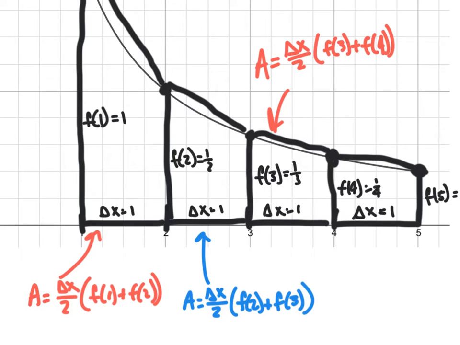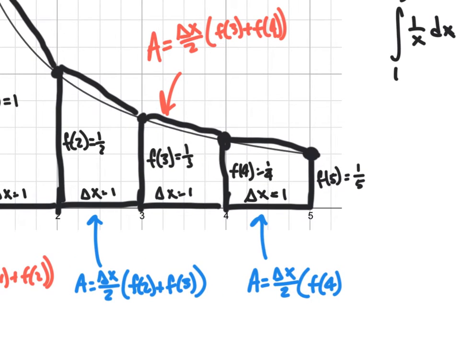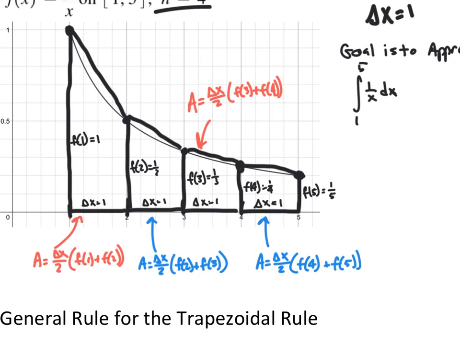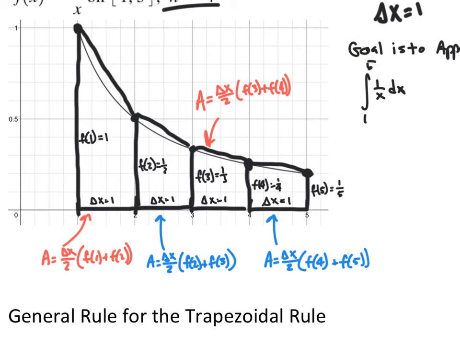And the last one that I've got, the area for this, is delta x over 2 times f of 4 plus f of 5. The reason I wrote all those out is that I want to show you I have all of those separate before I started adding. But now I just want to add all of these up.